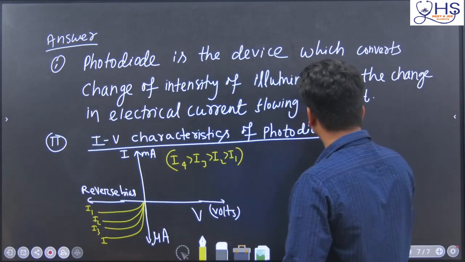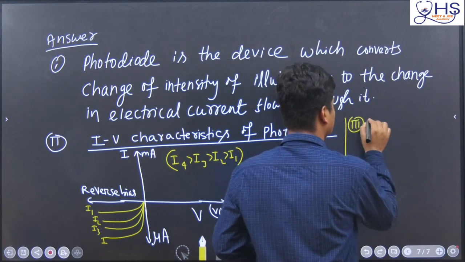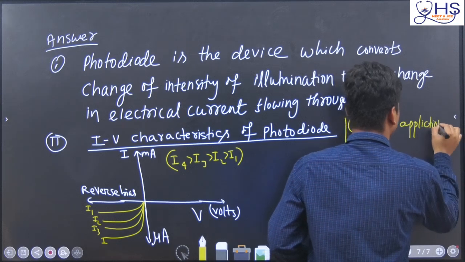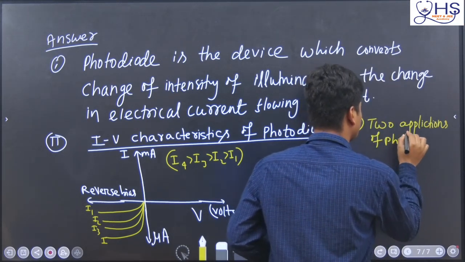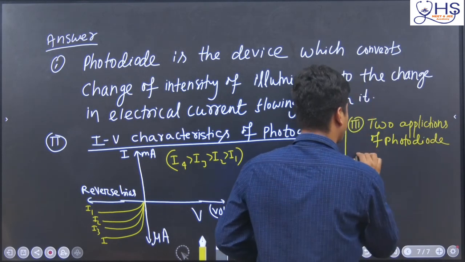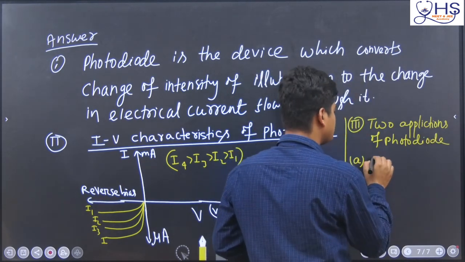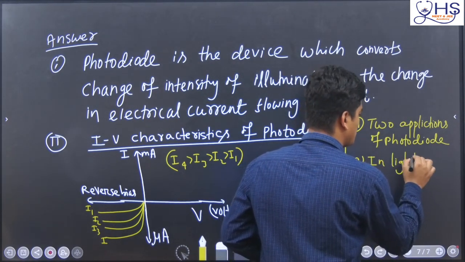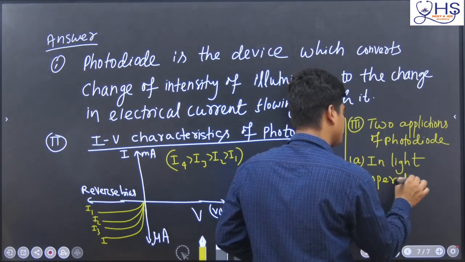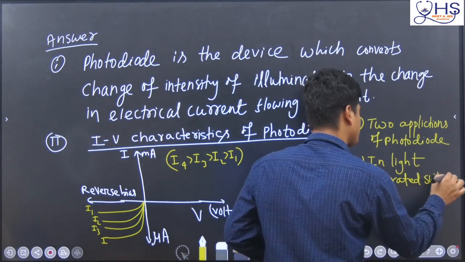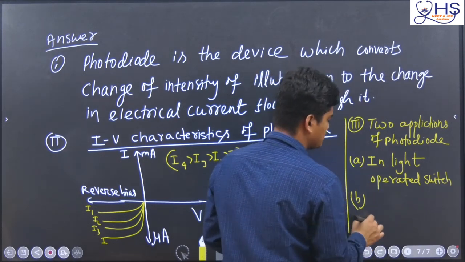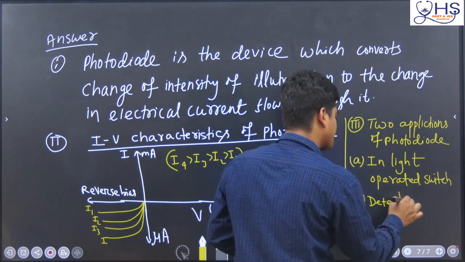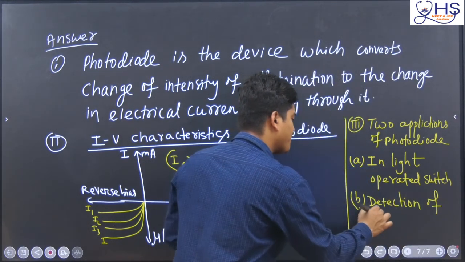Then the third point: you need to write two applications of this photodiode. A, light operated switch, and B, detection of optical signals.